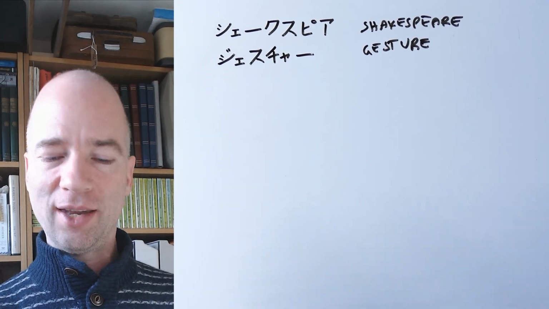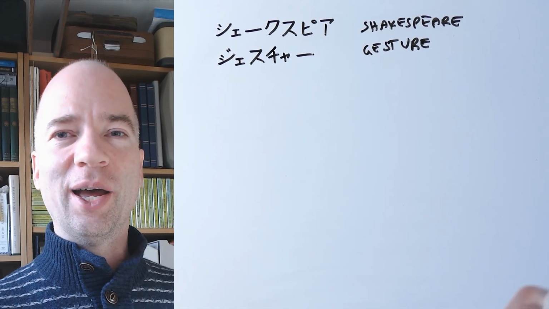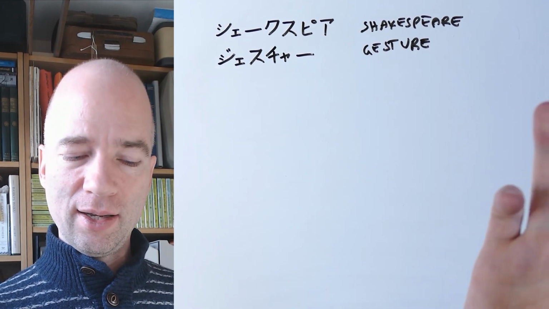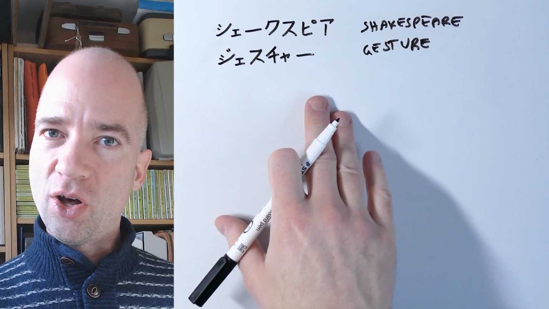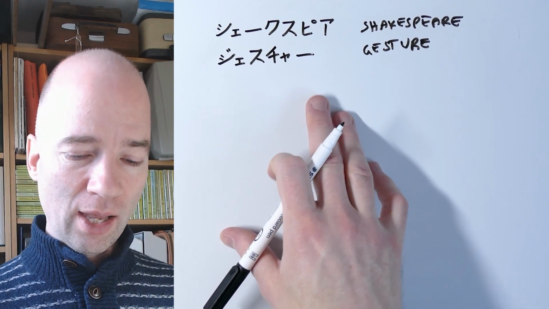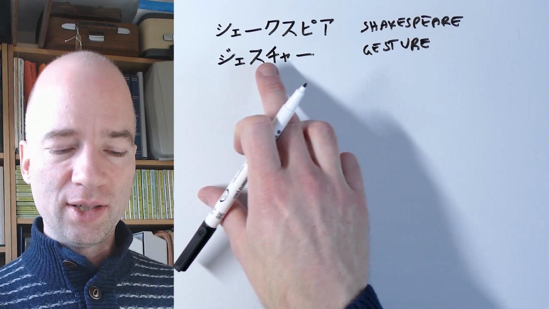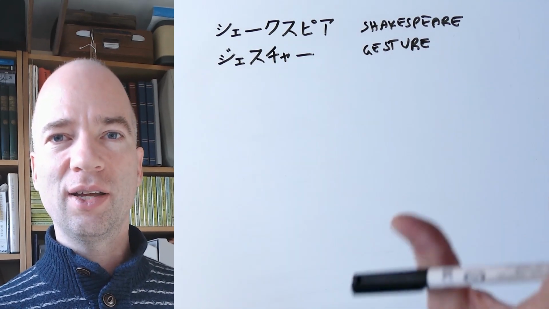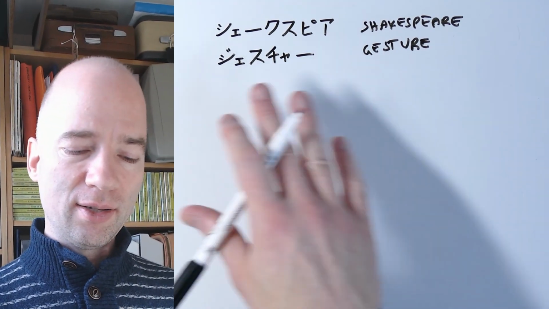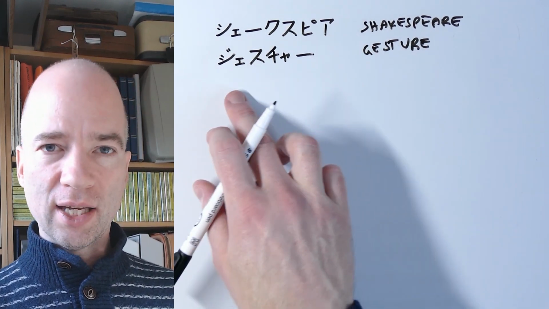Non-rhotic means it doesn't get those R's pronounced. So that R is not going to be part of the Japanese word. It's not going to be gescharu. Shakespeare in Japanese is Shakespeare and gescha.